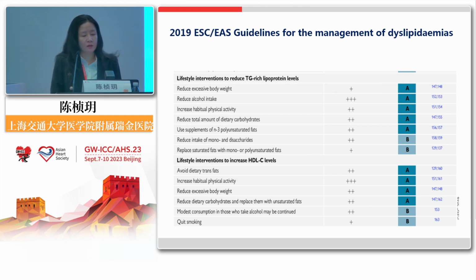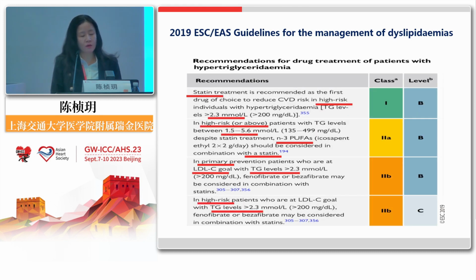Lifestyle change is still the background treatment, and statin treatment is recommended as the first drug of choice to reduce CV risk in higher risk individuals with TG more than 2.3. But the omega-3 fatty acid recommendation is a little different for IPE versus EPA and DHA.